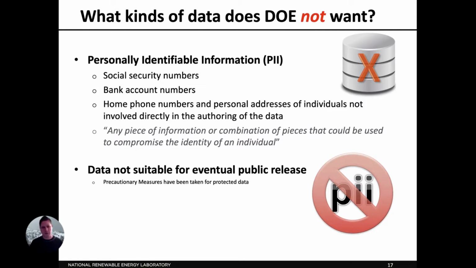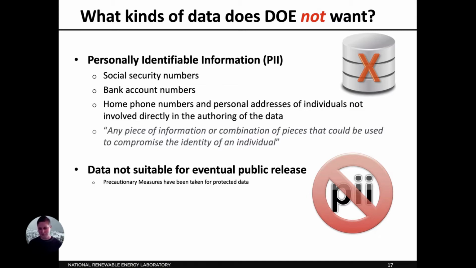But there is an option to place data under moratorium if it's subject to a CRADA or another collaborative research agreement or contains some sort of proprietary information. Then per contract with your DOE technical monitor, you can determine a future release date at which time to release that data in accordance with your previously agreed upon plan.